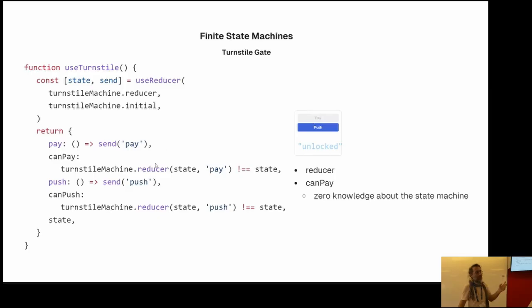The way I'm doing this is that because the reducer function is a pure function, I can reuse it and dry run it. I take the current state, I send a pay event, but I don't send it to the hook. I just pass it to the function and check whether the state is the same or not.